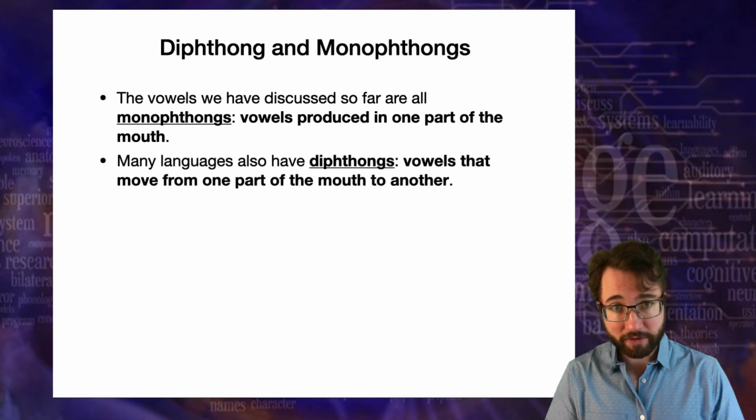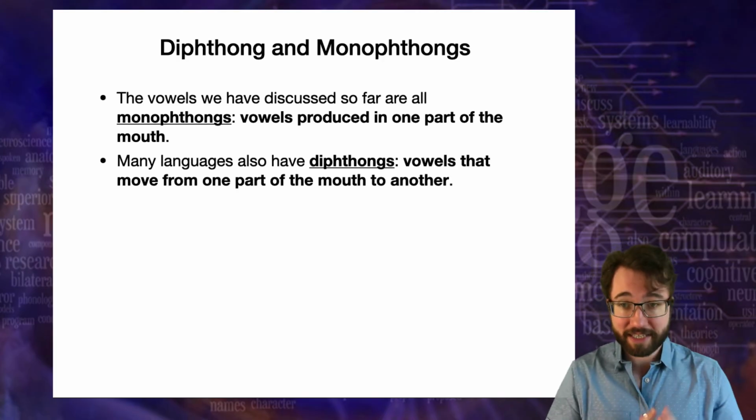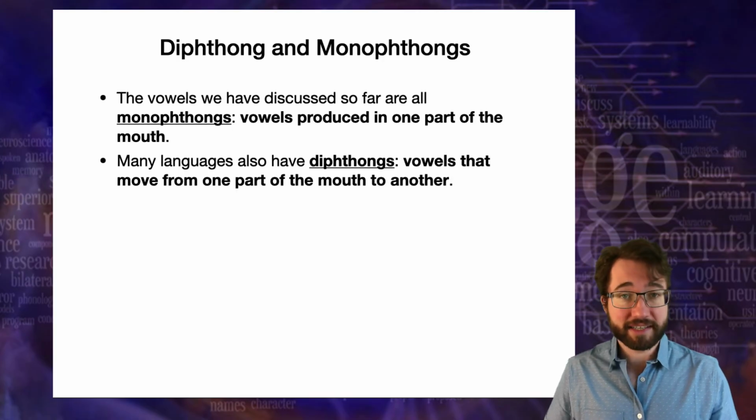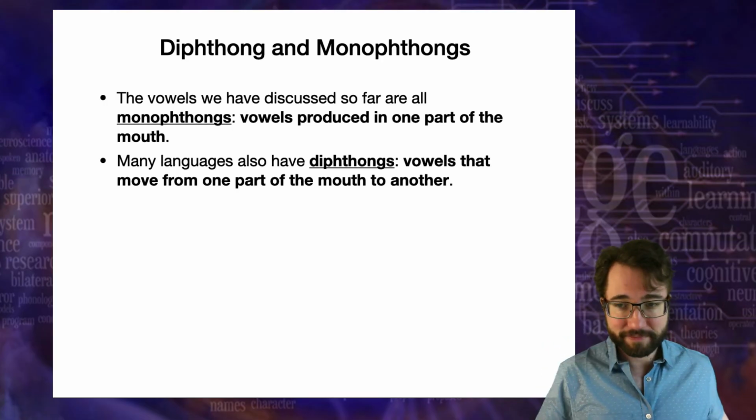You can also have a vowel sound called a diphthong. Remember, I gave you some demos that you can actually move through the vowel space continuously. Well, you could actually have a vowel sound in a language that consists of starting in one place and then sliding to another place.